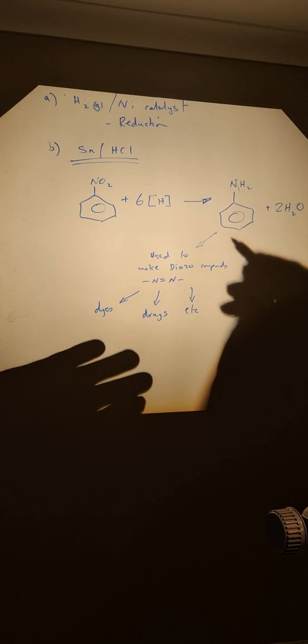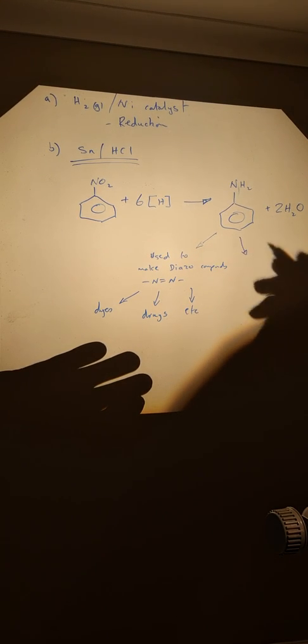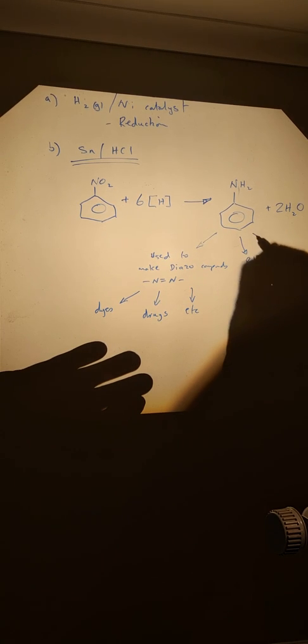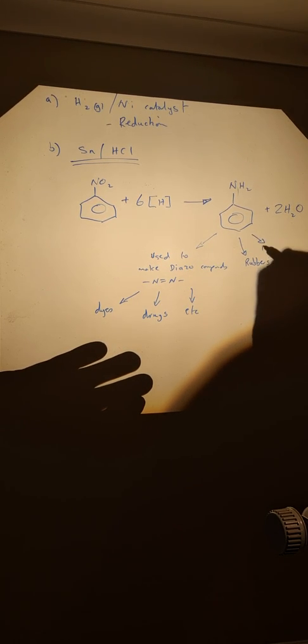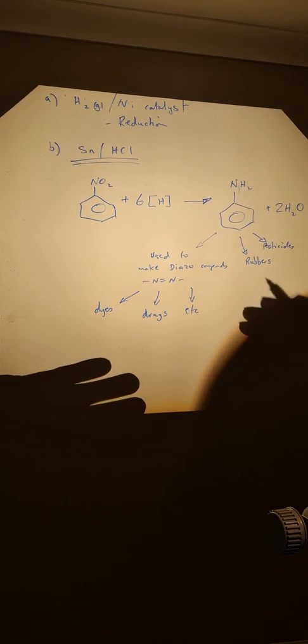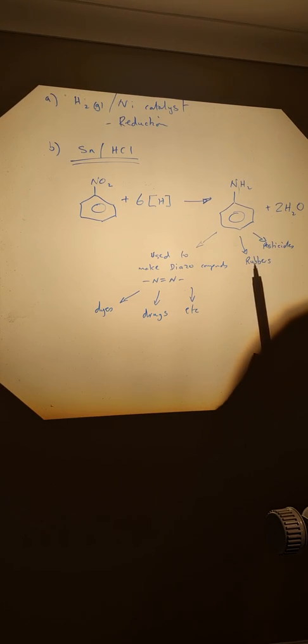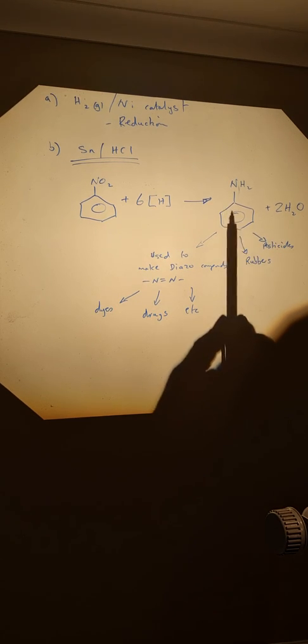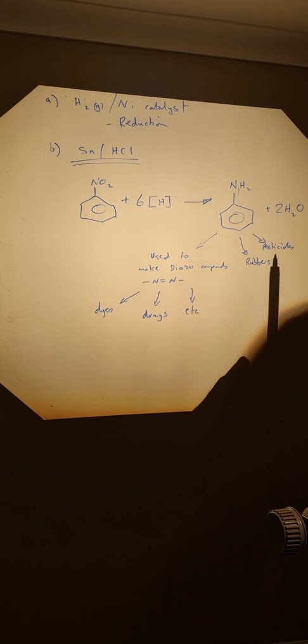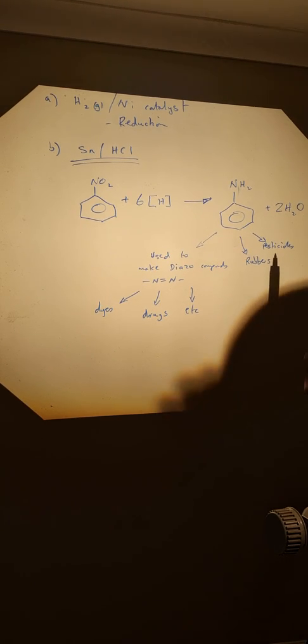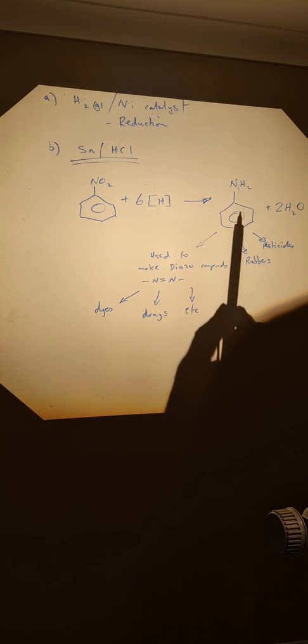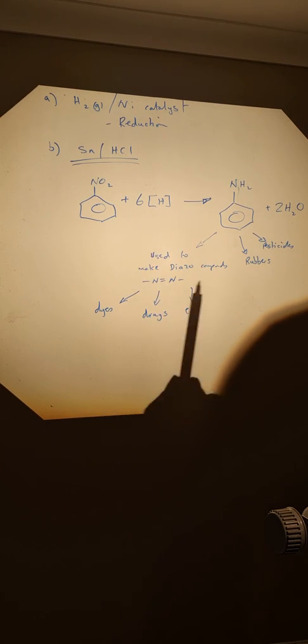But what are the uses of aniline? Well, the other uses are to make rubbers or to make pesticides. Now, rubbers like tires and balloons, you need aniline in their manufacture, and you can use aniline in making pesticides. However, in an exam, if they ask you, I want you to focus on use to make diazo compounds.